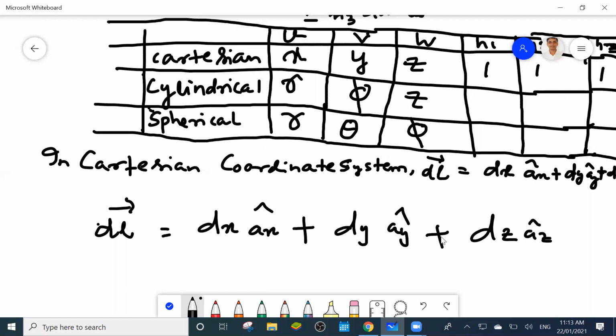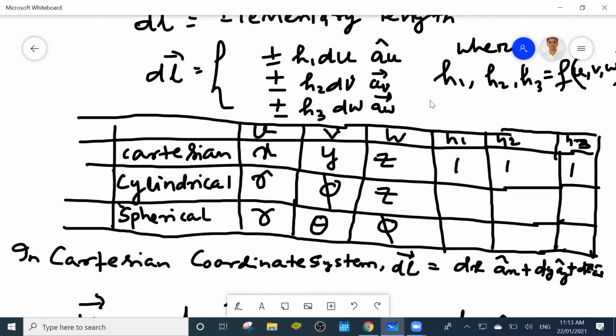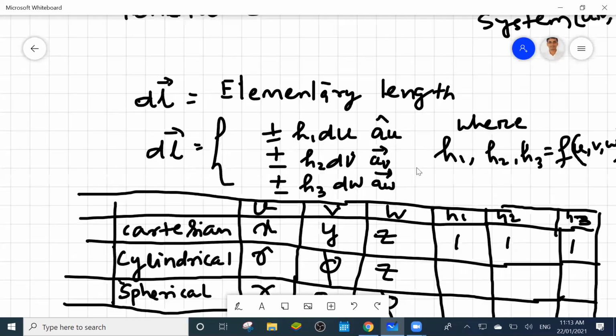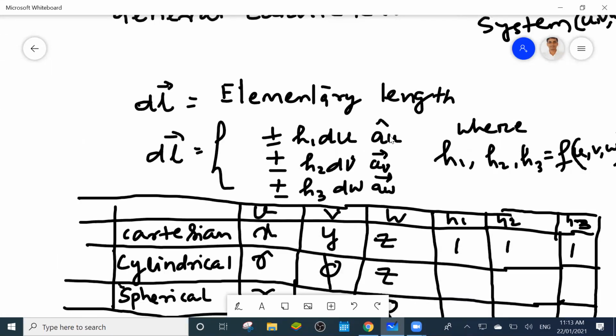What is your doubt? Sir, in the above definition, a cap mentioned as a vector, and down there h2. Plus minus h1 a_u cap plus minus h2 dv. No, that one is cap, that is what I'm saying.